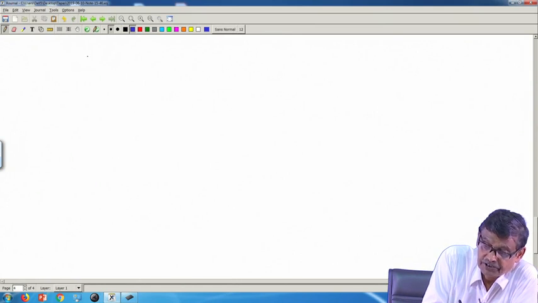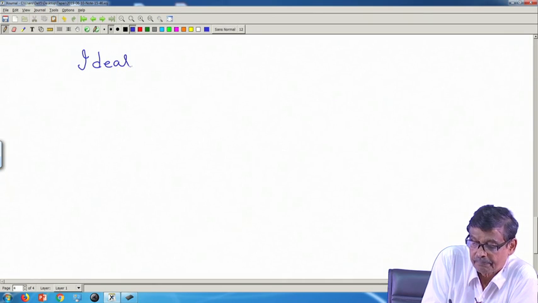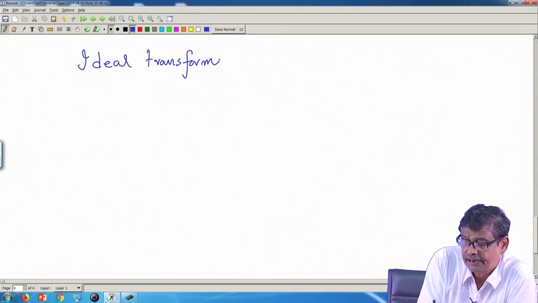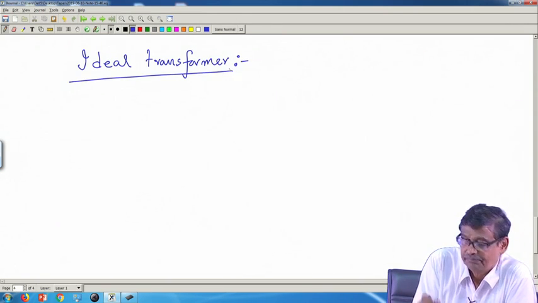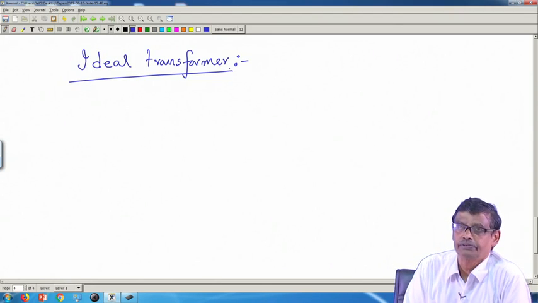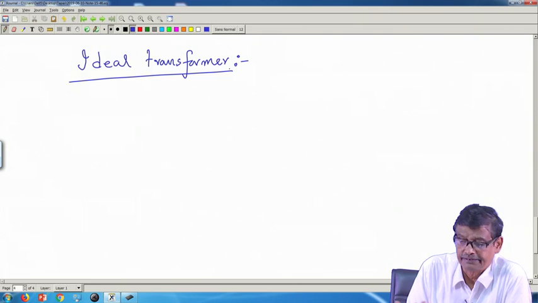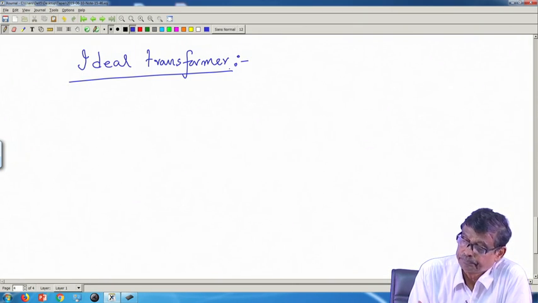Okay. Now, for the first time I am writing this ideal transformer. And if the concept of ideal transformer is clear, you can deal with any situation, you can deal with a practical transformer very nicely, because the concepts are so interesting.